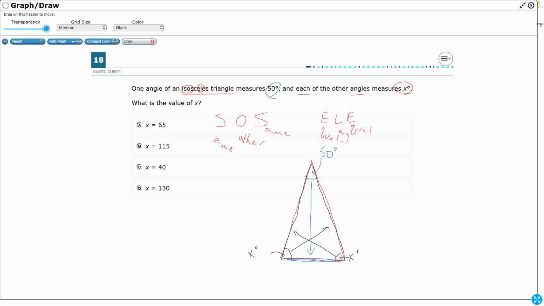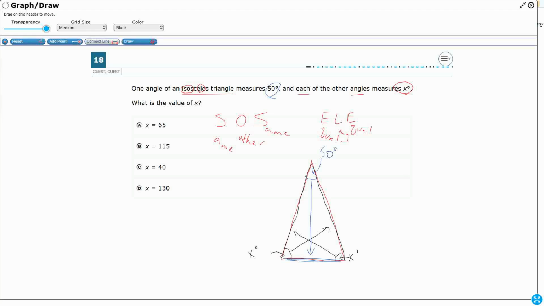So we now know that we've got x degrees, x degrees, and 50 degrees. We have a nice visual here. We need to find the value of x. Well, what do we know about triangles? Well, we learned in 6th grade the triangle sum theorem, that the angle measures of any triangle equal 180 degrees.